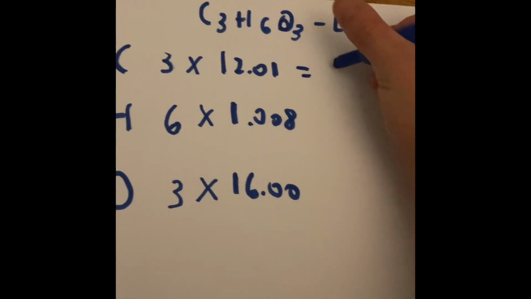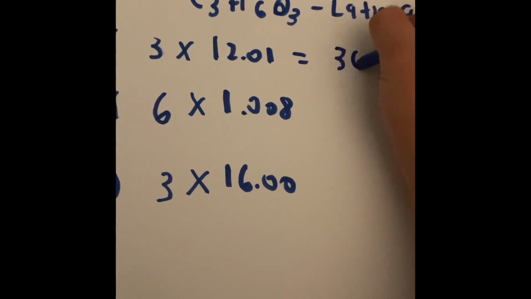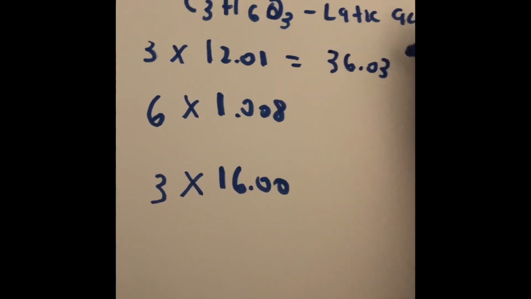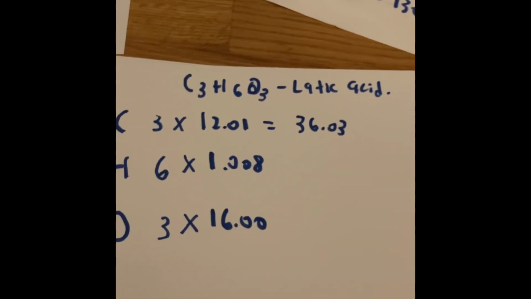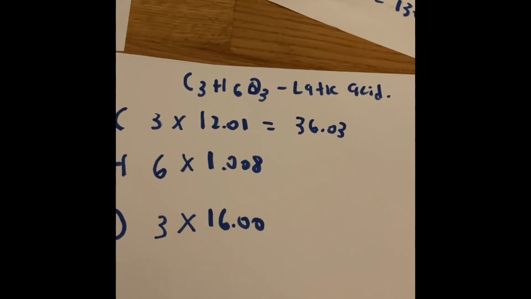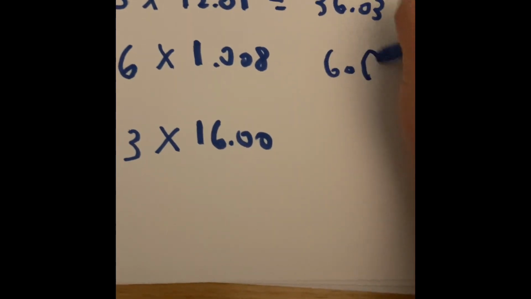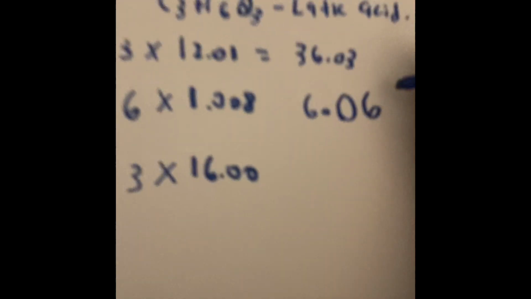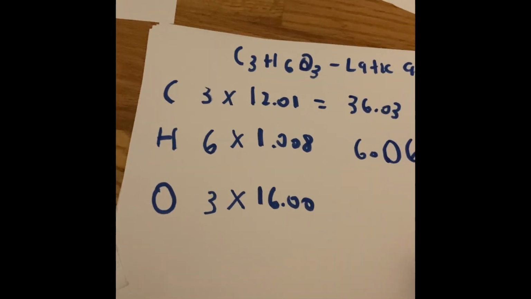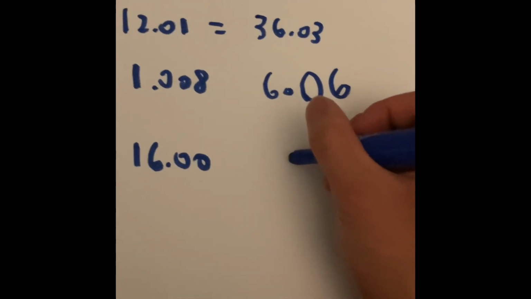That is going to bring us to 36.03 grams per mole. And for hydrogen, that is going to bring us to 6.06. And for oxygen, an easy number, 3 times 16 is going to represent 48.